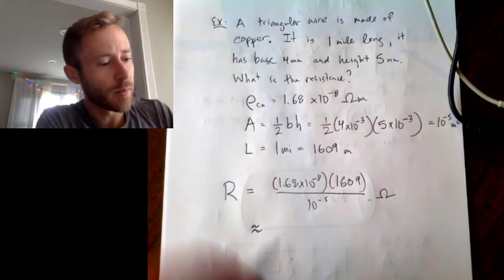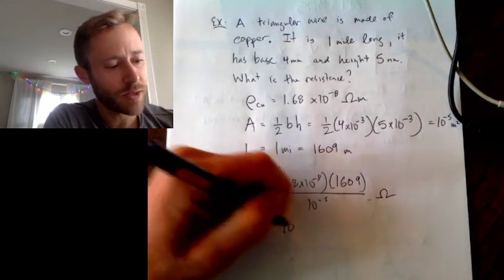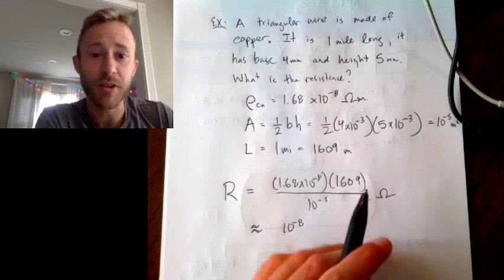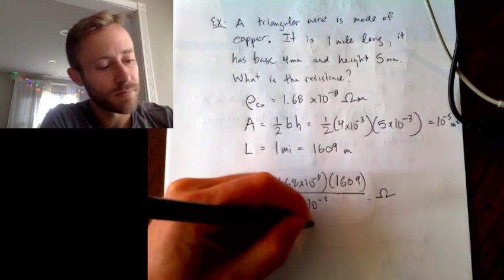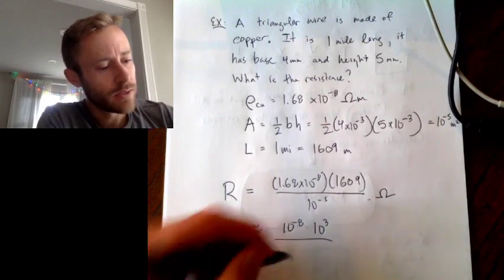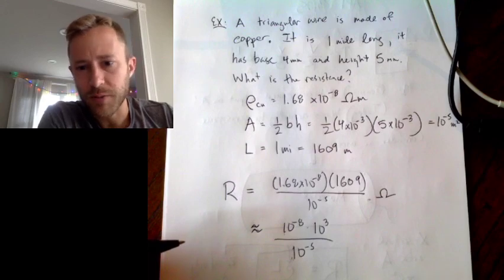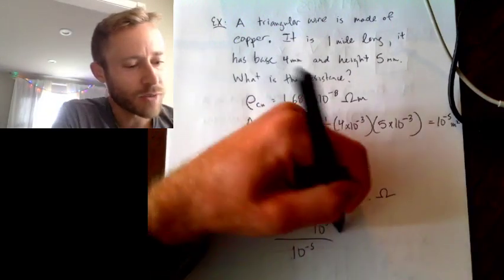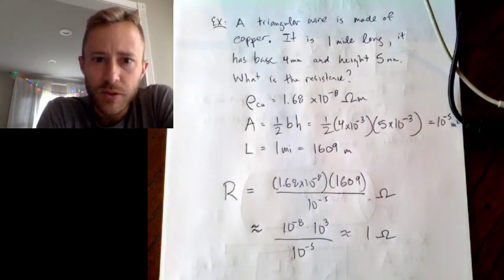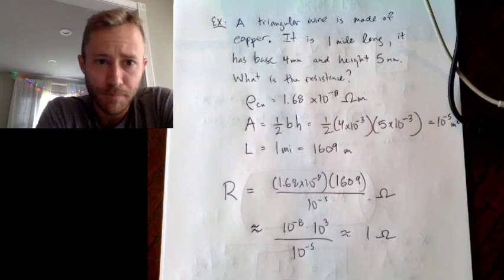Just for fun, I'm gonna treat 1.68 times 10 to the minus 8 as approximately 10 to the minus 8. 1,609 is approximately 1,000, 10 to the third. And then 10 to the minus 5 in the denominator. So if you work this out, this is approximately 1 ohm. So this wire would have a resistance of approximately 1 ohm.